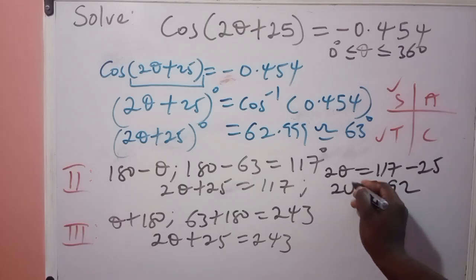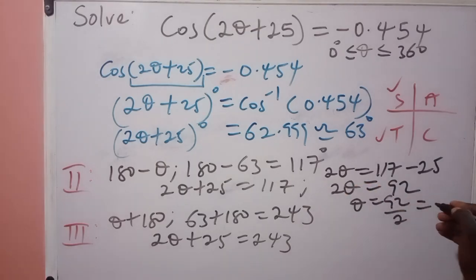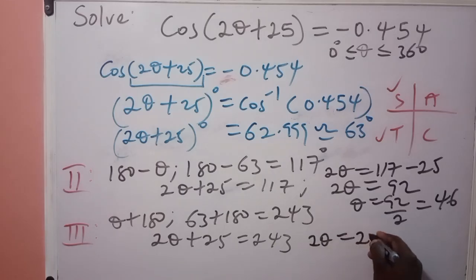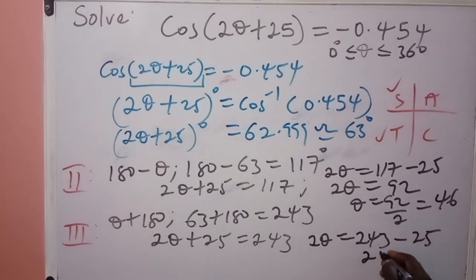So 2 theta equals 92. Theta here will be equal to 92 over 2, which will give you a value of 46. For this other one, 2 theta here will be equal to 243 minus 25, and that will give you a value of 218.